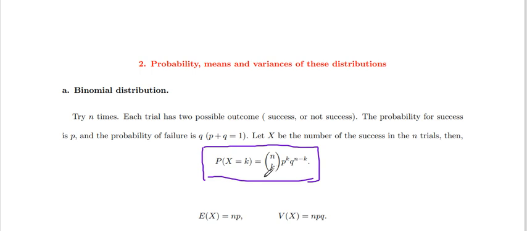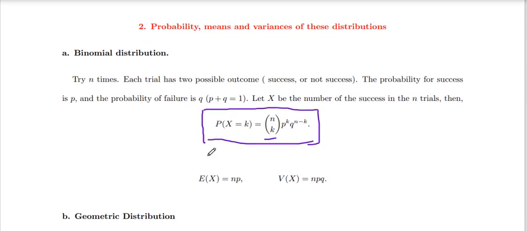The coefficient comes from choosing which k positions among n: from n people, choose k people. How many ways? n choose k.